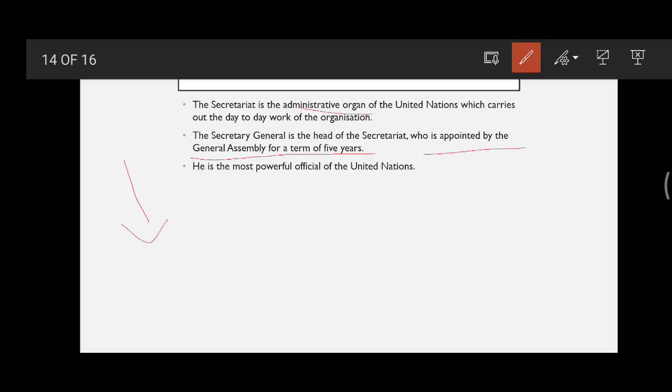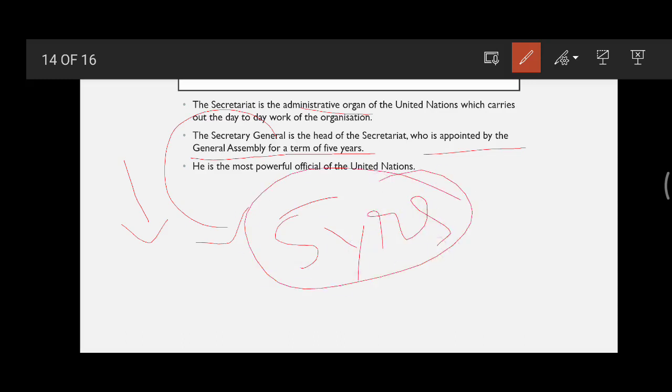This means once the Secretary General is elected, the person will remain in office for 5 years. And this Secretary General is the most powerful of all in the United Nations.